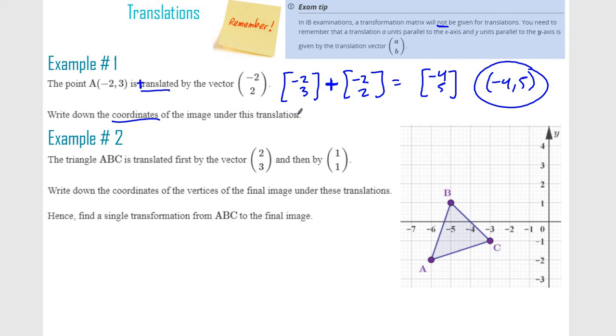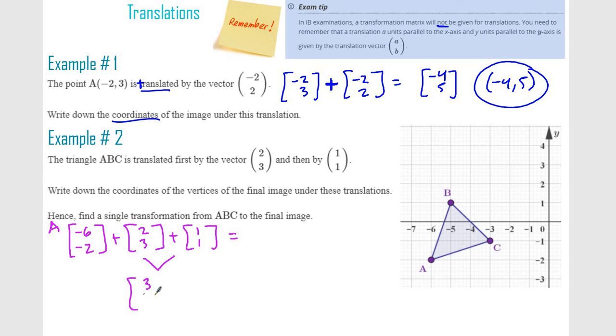All right, now for example 2. If it's translated first by this vector and then by this vector, we could do each point by itself. For instance, if I started with A, I could do -6, -2, and then add 2, 3, and then add 1, 1, and keep doing that for B and C. Or I could simply combine those and add 3, 4 to all the points.